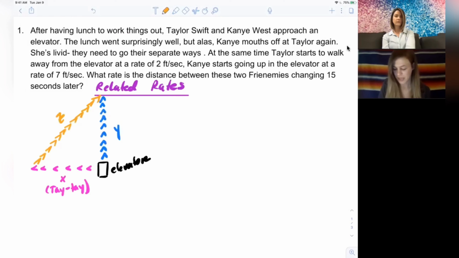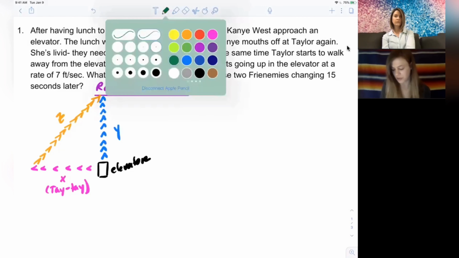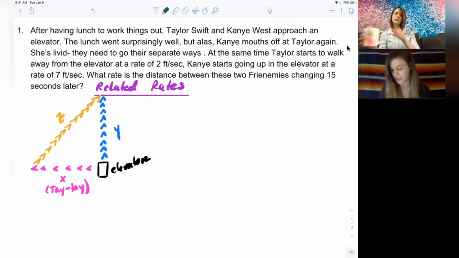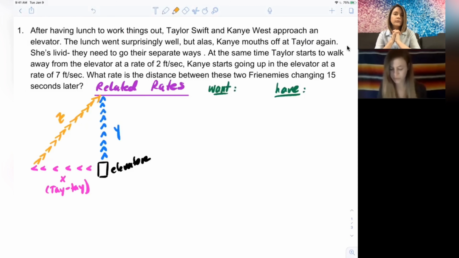Now, after we draw a picture, I think it's good to write down what we want to find and what we have. First, Taylor is walking away at a rate of 2 feet per second.